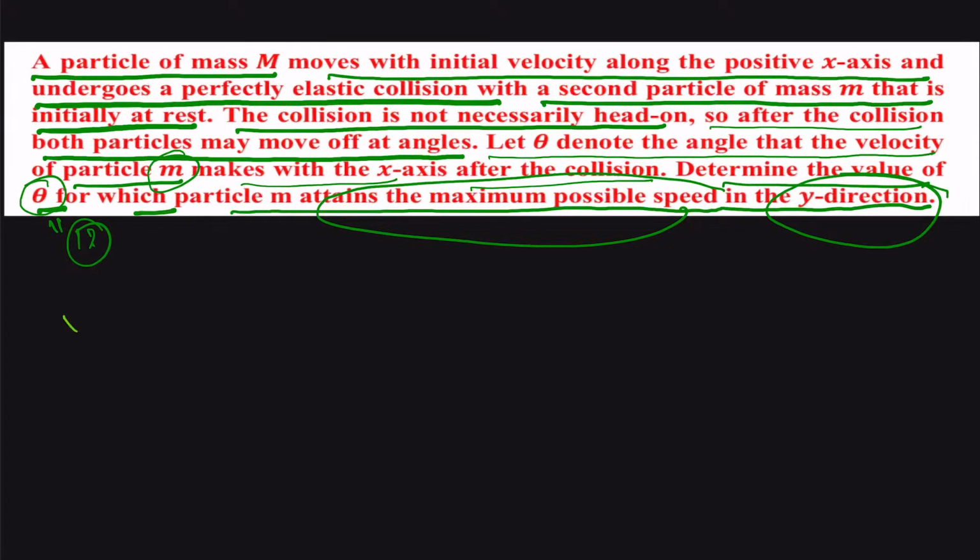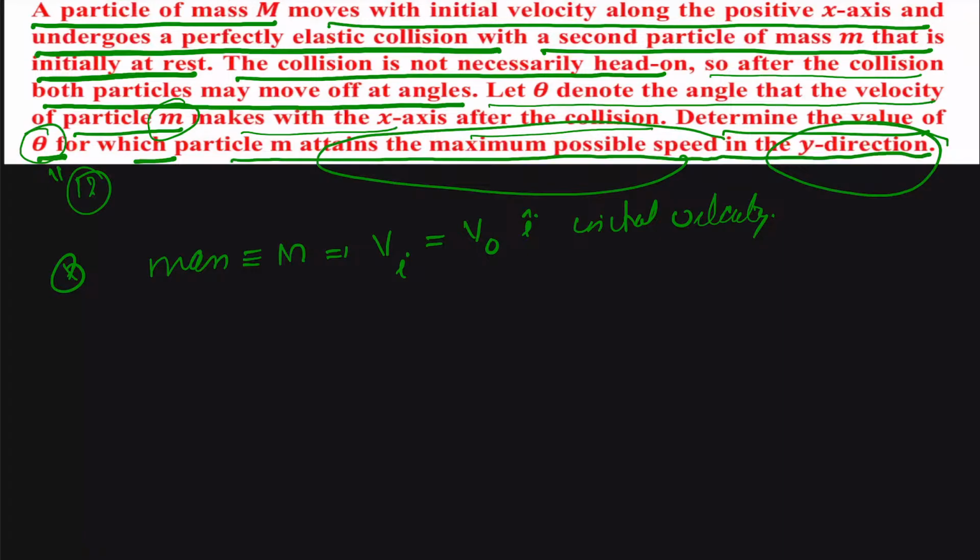So let us say that we have two masses. One mass is our capital M, and let us suppose its initial velocity is given as v0, and it is moving in x direction. So this is our initial velocity. And we have a mass small m, and it is at rest, so its initial velocity is equal to 0.